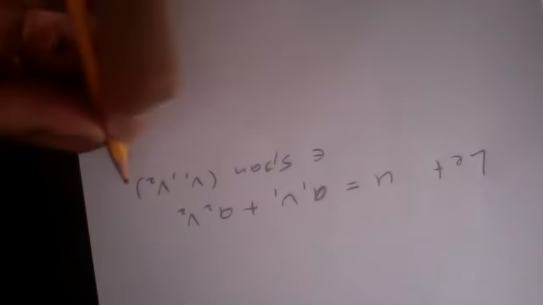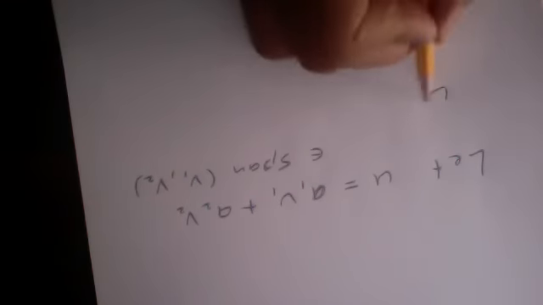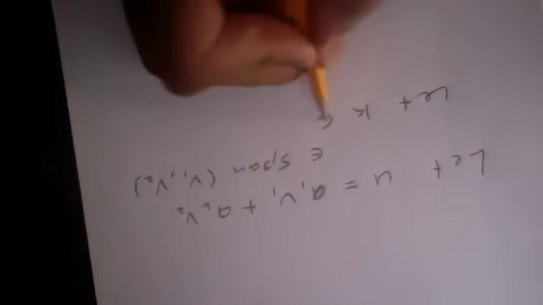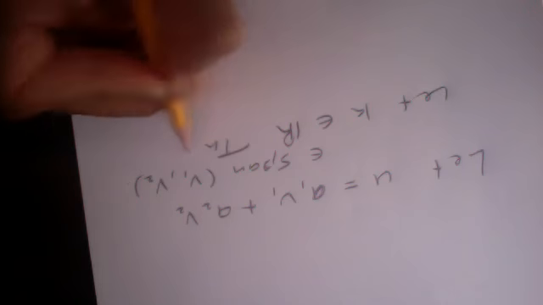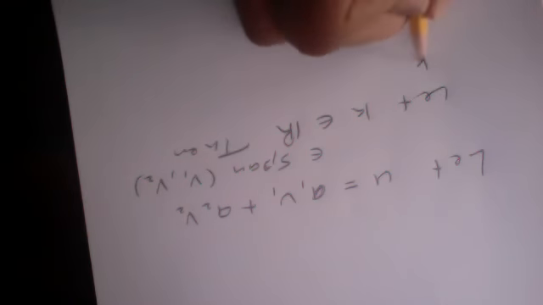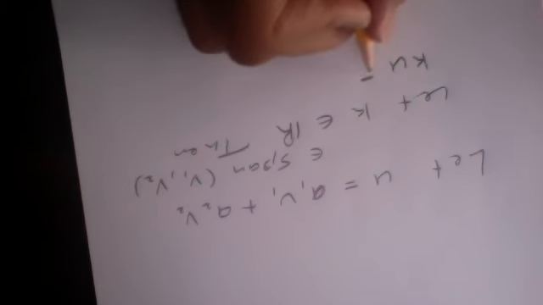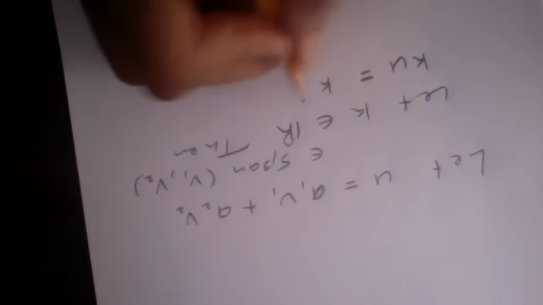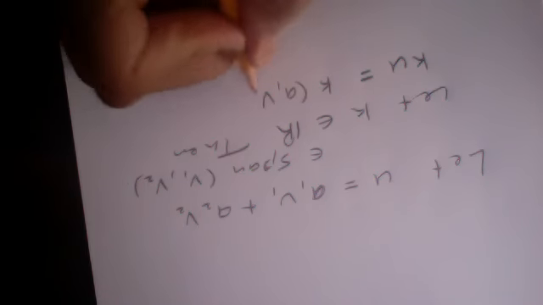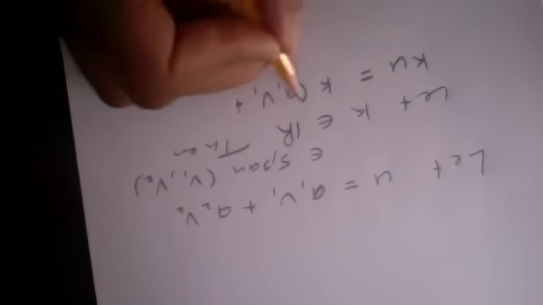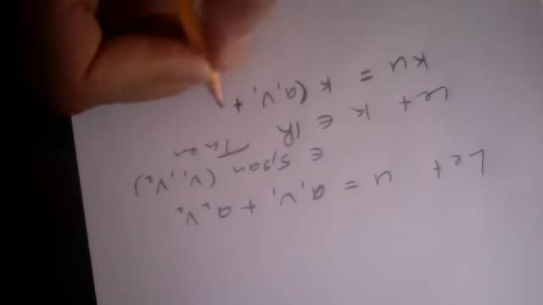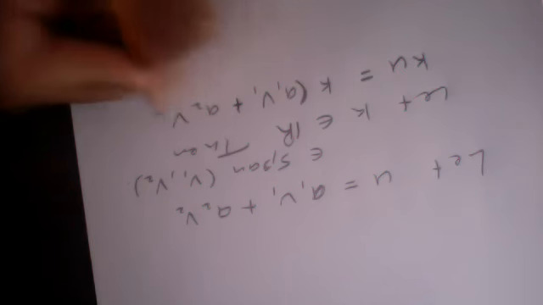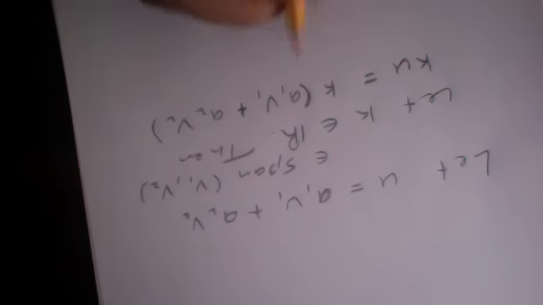All right, so U belongs to the span, and let K be some scalar, right? So then we know that KU is going to be equal to K times the vector A1 V1 plus A2 V2, in parentheses.